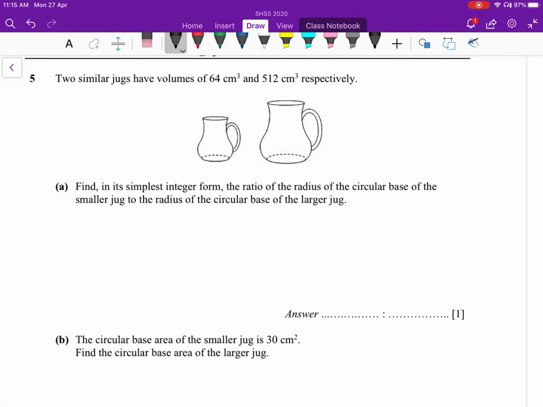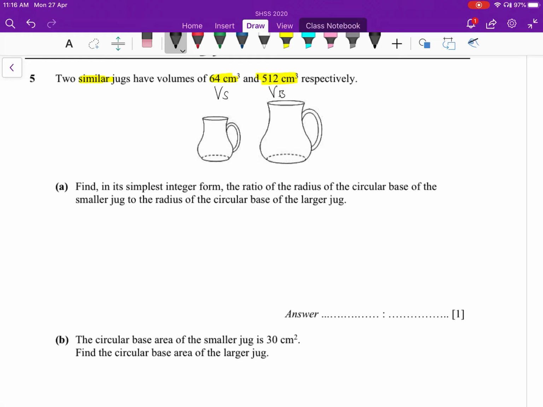Last, question number 5. Now they have two similar jugs with volumes of 64 and 512 cm cubed respectively. What is the ratio of the radius of the circular base of the smaller jug to the radius of the circular base of the larger jug? Now we have to know that this is volume of small, volume of big.